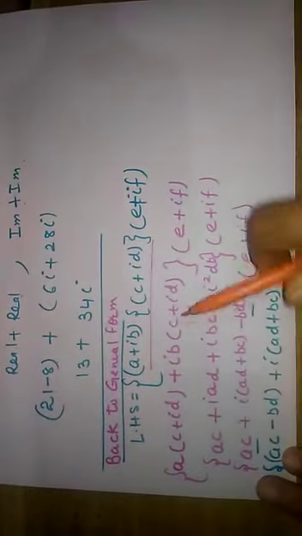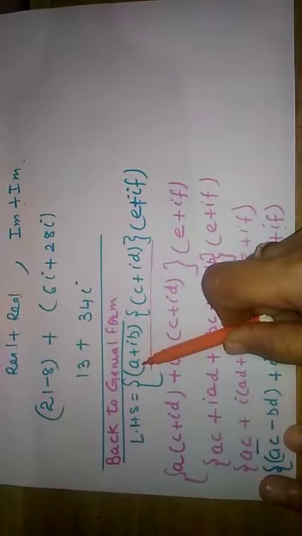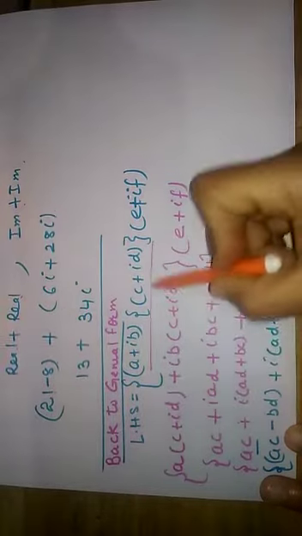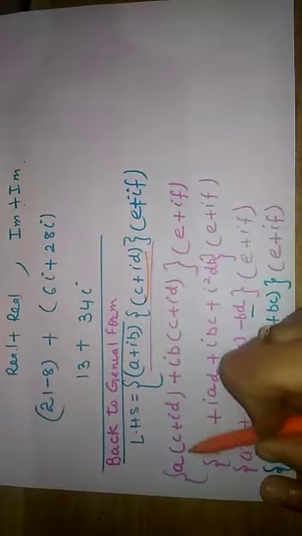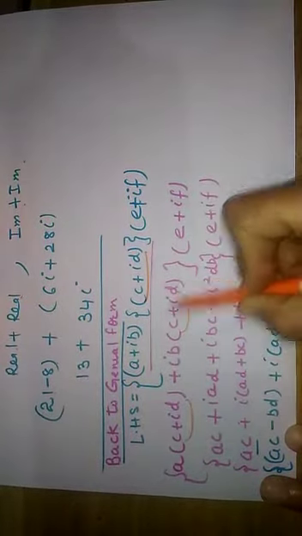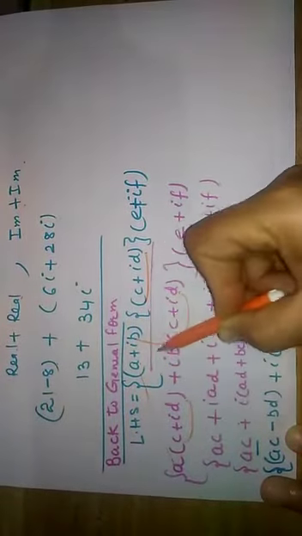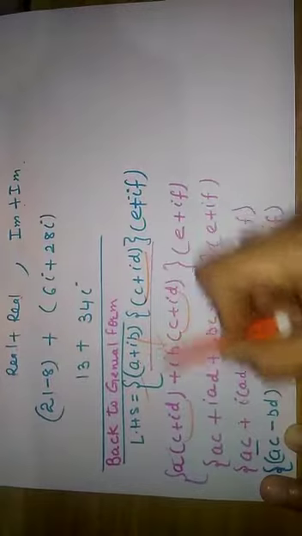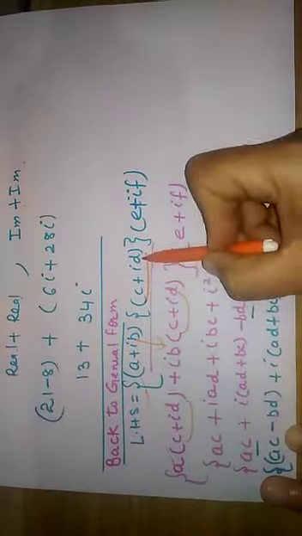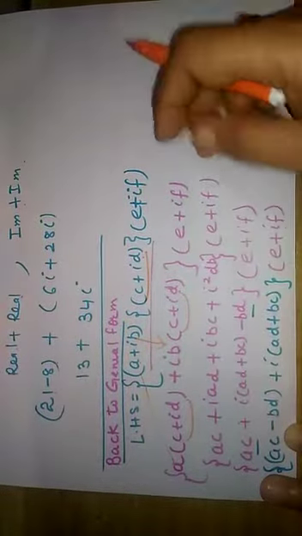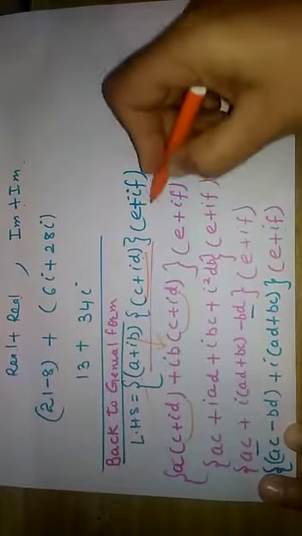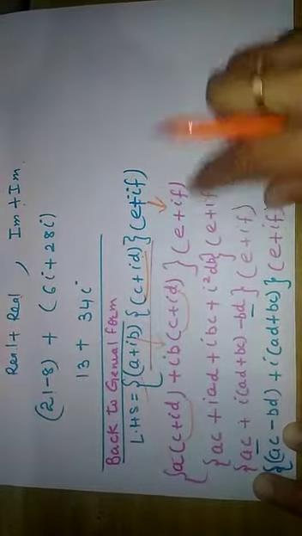You can see, first I have taken a as common and repeating the second bracket, first with the real number and then with the imaginary number. I'm separating this and repeating the second bracket. So this is the distributive property. I'm just copying here the third bracket.